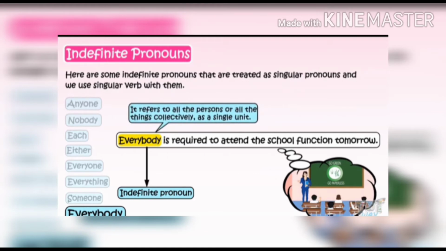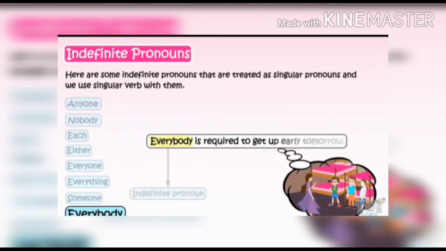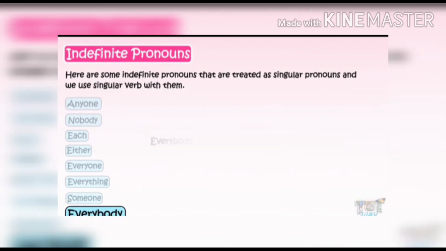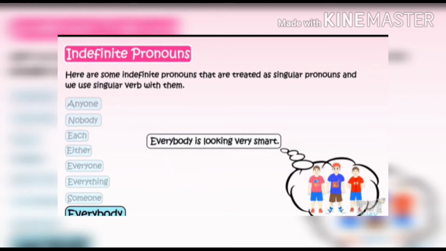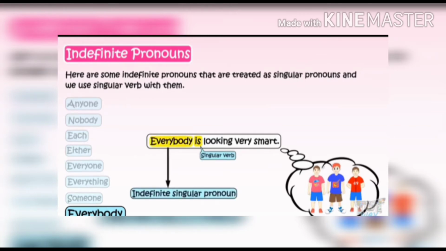So we use a singular verb for it. Everybody is required to get up early tomorrow. Everybody is looking very smart. So we use is with everybody. That is a singular verb with everybody, which is an indefinite singular pronoun.